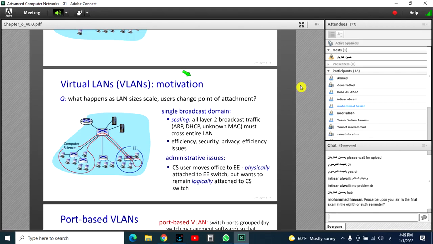What does it mean? For example, look here. The LAN on the left of this image has a single user inside the EE department.